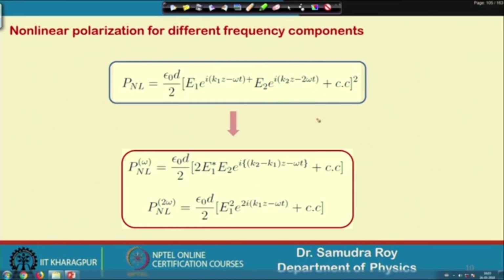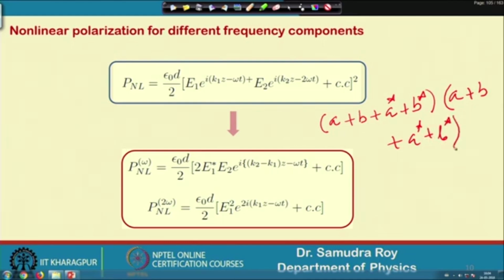So, say this is A plus B plus A star plus B star, where the complex conjugate means the star of that. It is something like this. So, when we do that, it is nothing but the square of A plus B plus A star plus B star.